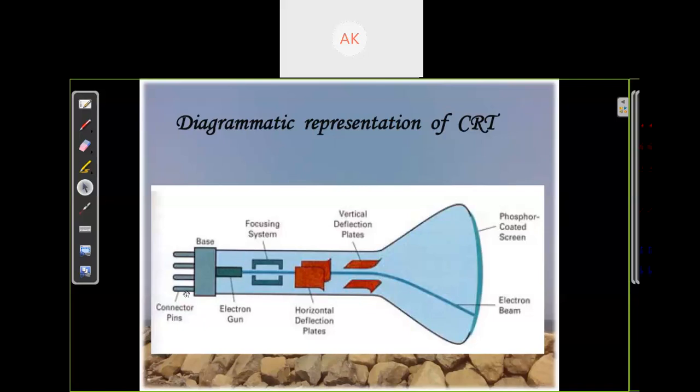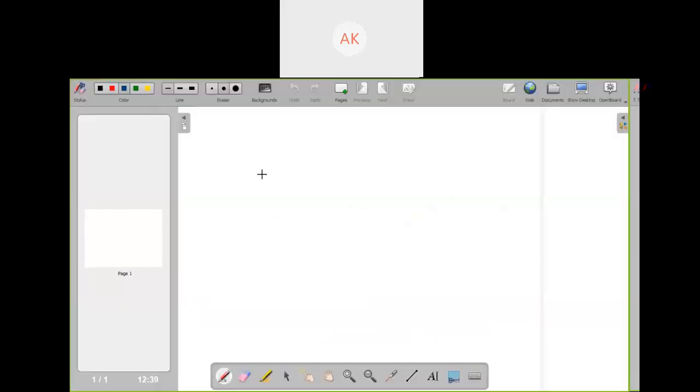There are two kinds of focusing system we can have: electric focusing system or magnetic focusing system. Electric focusing system is generally used in TV and computer monitors. One minute, I want to show how this focusing system works. This is our focusing system.